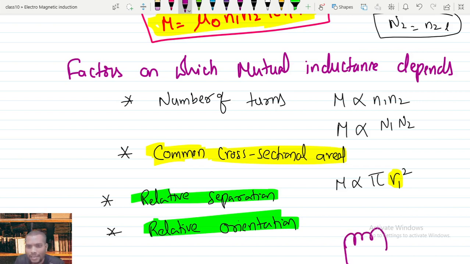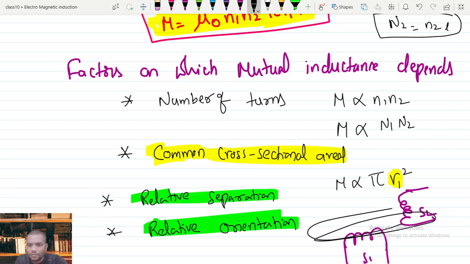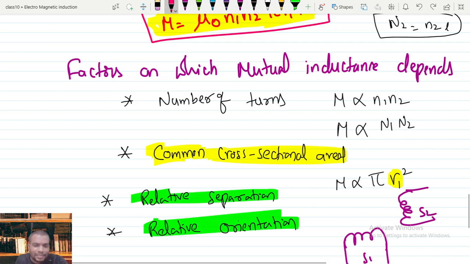If the coil S1 is like this, and the coil S2 is perpendicular like this, the magnetic flux linked with the coils in these two cases is different. That's why the relative orientation of the two coils also affects the mutual inductance.